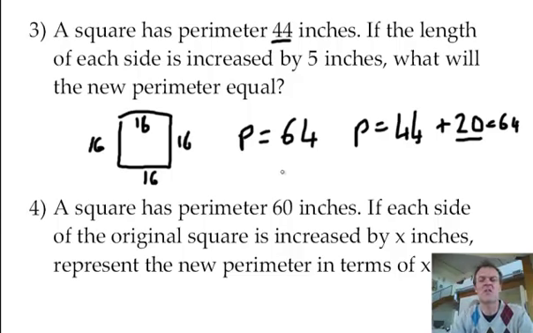Are you saying to yourself, okay, I know this is 11, I've increased it by 5 based on the original, and then I times it by 4? A lot of you were doing that.